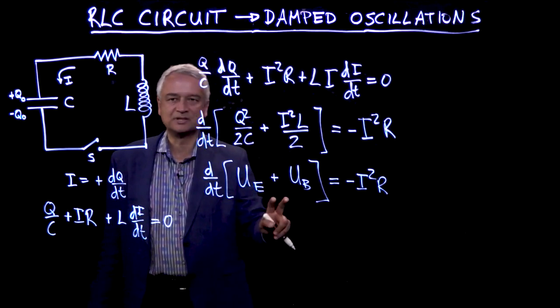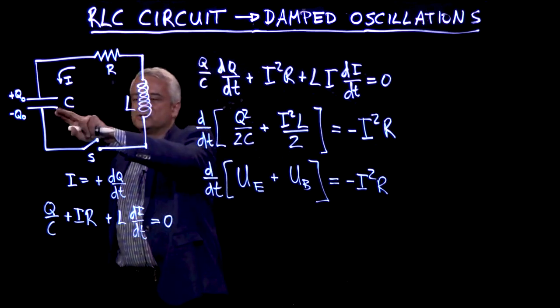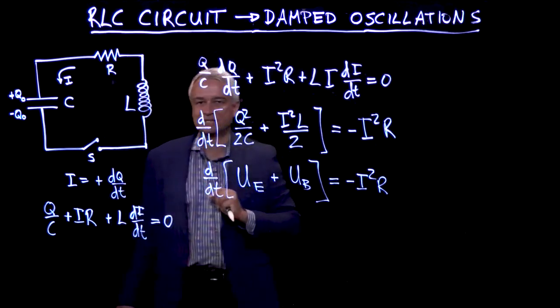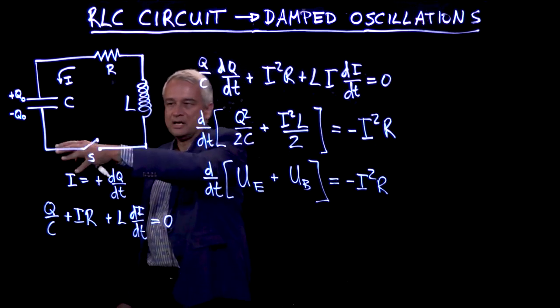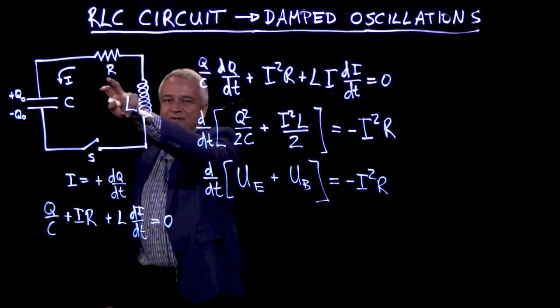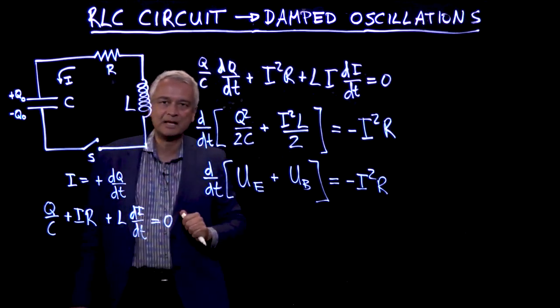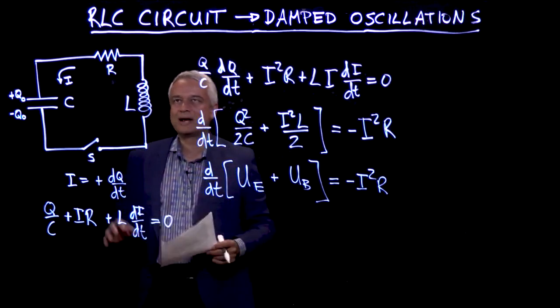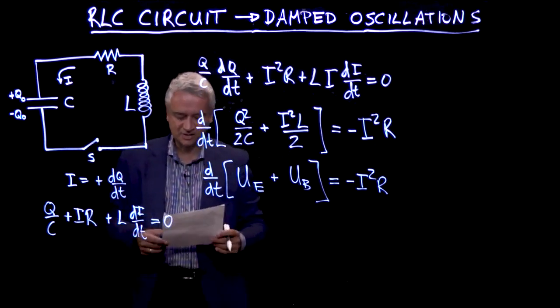D by dt of this was 0. Adding the resistance in the circuit means that the energy stored in the capacitor plus the inductor together is no longer conserved. So as the energy sloshes back and forth, with each slosh, some of the energy is dissipated into heat as the current flows through the resistor. And this is the picture of what happens in an RLC circuit that you should take away from this differential equation.